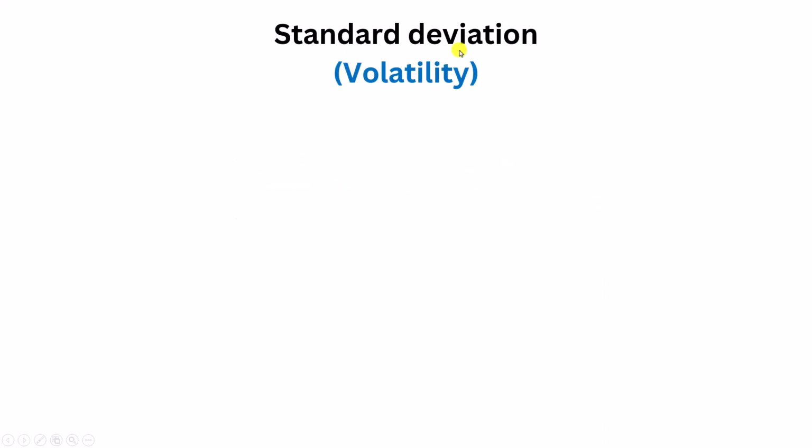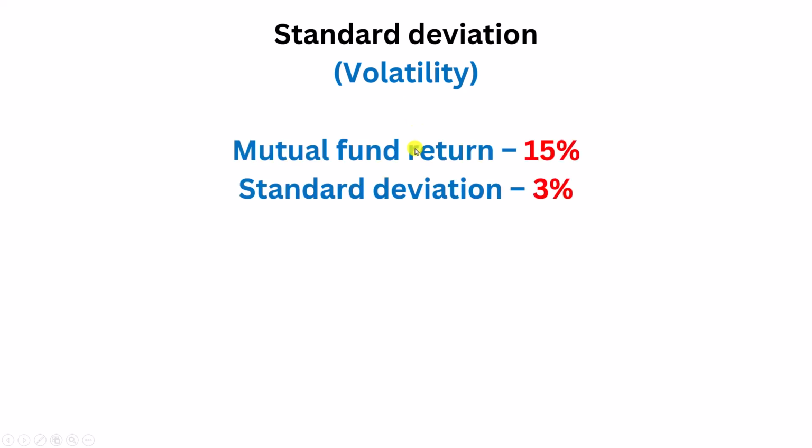Next, we have standard deviation. It tells us how volatile the mutual fund is. Let me give you an example. Let us say that the return of a mutual fund is 15%, and the standard deviation of this particular mutual fund is 3%.